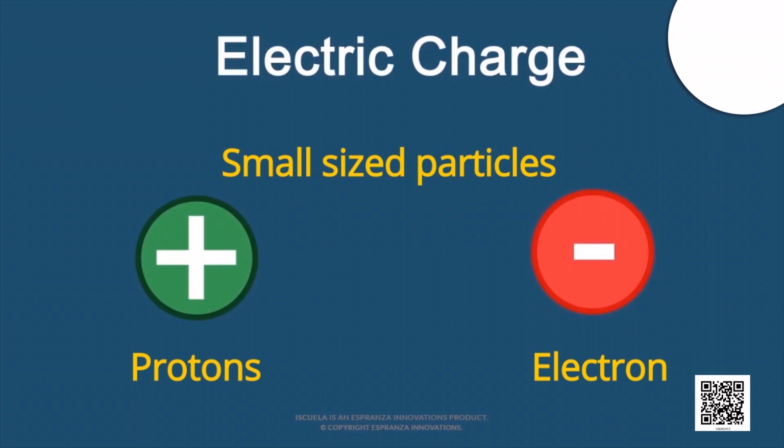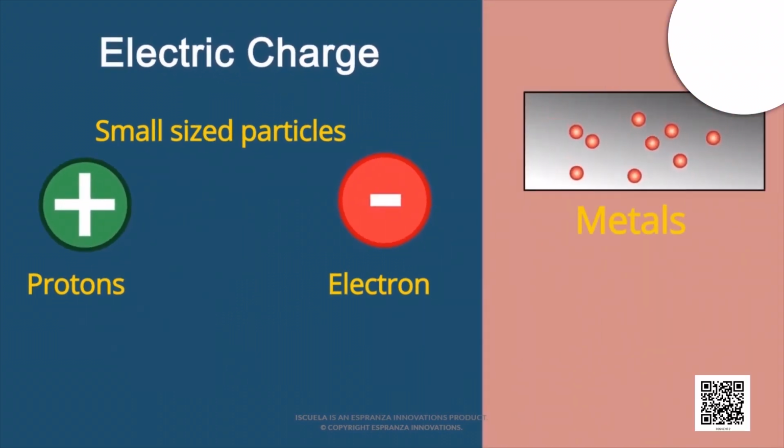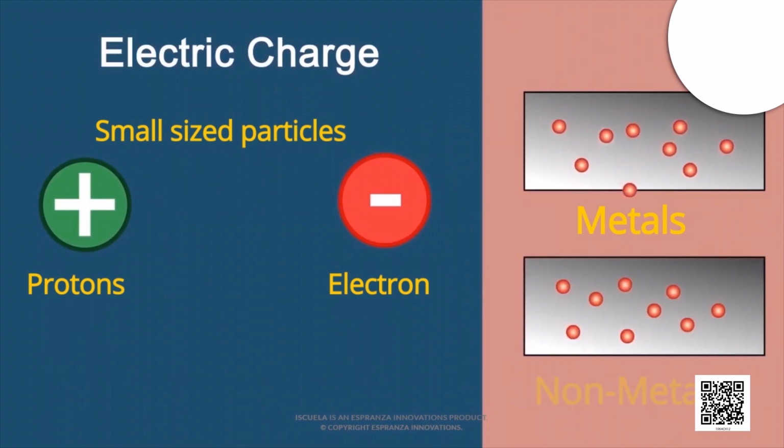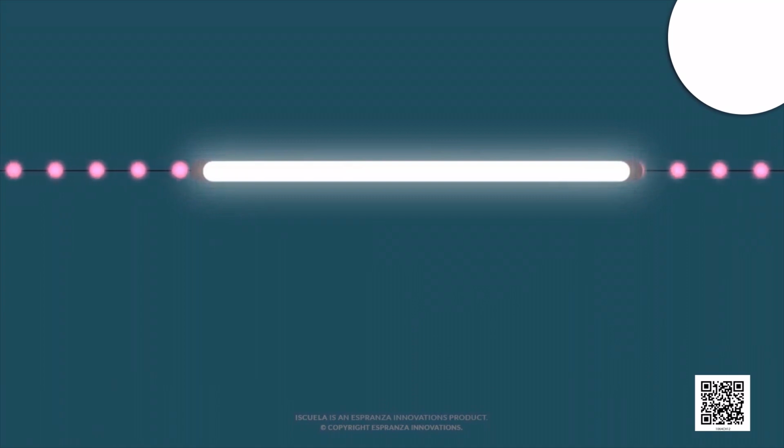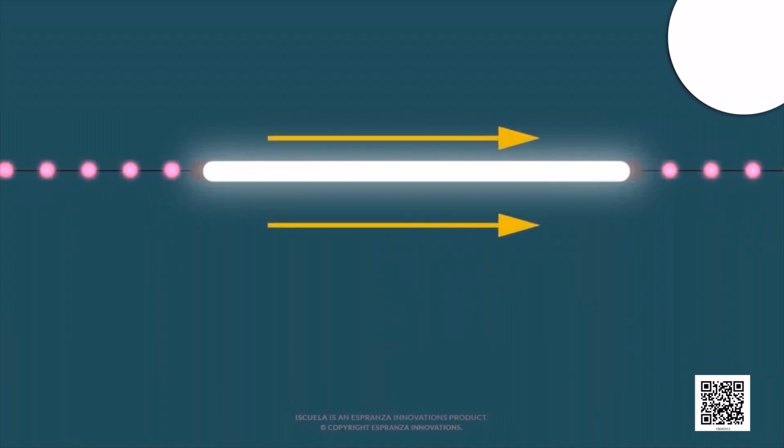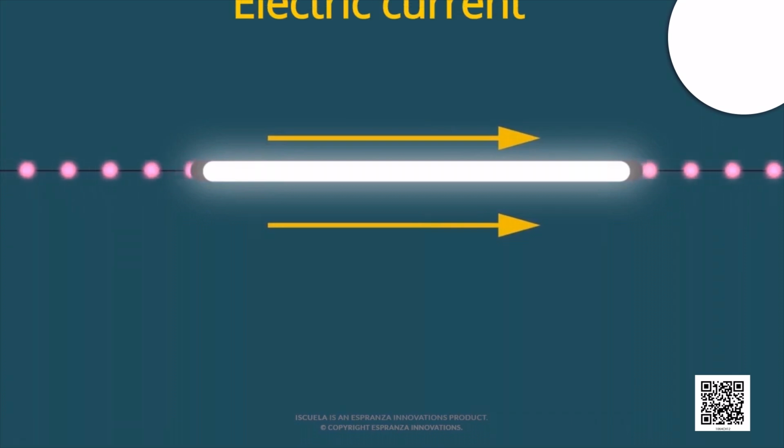In some materials, like in metals, the electrons are free to move, but in non-metals, these electrons cannot move freely. At our homes, in any electrical appliance, say for example in a tube light, these electrons flow through the wire in a defined direction.